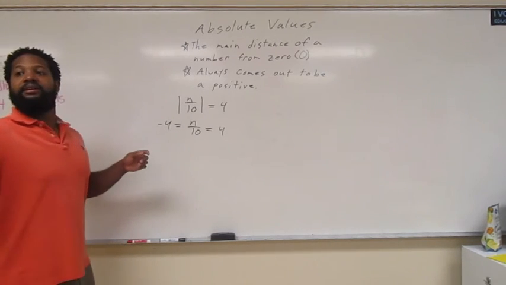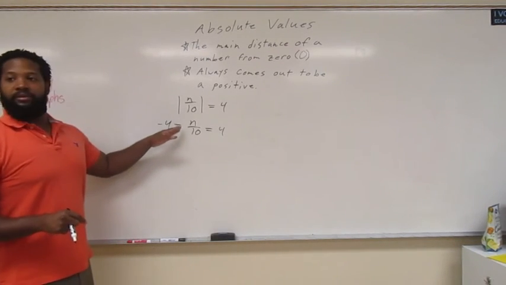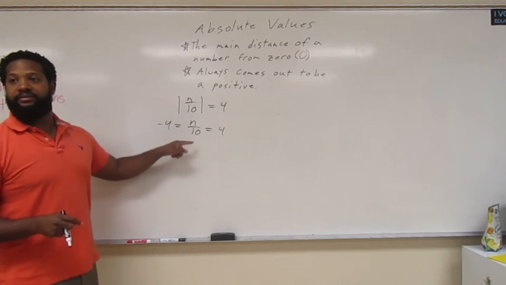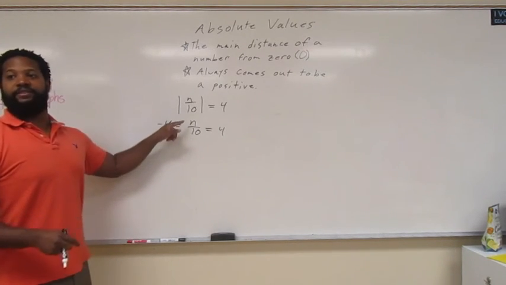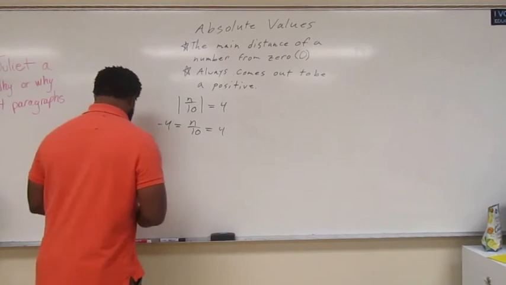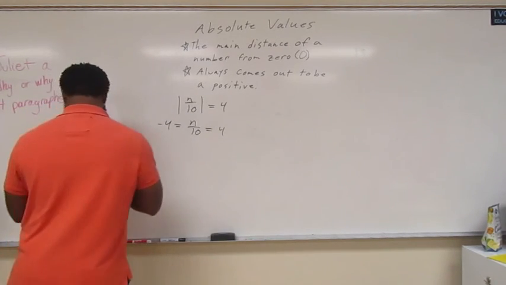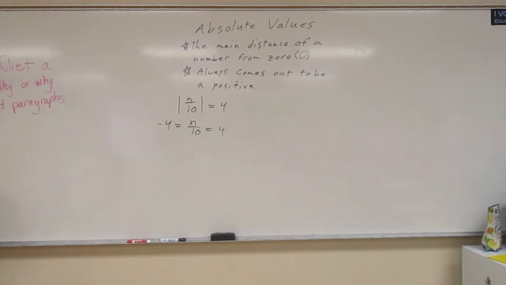So what's happening between the n and the 10? Oh, division. So what's the opposite of division? Multiplication. What are we gonna multiply on both sides? 10. There you go.